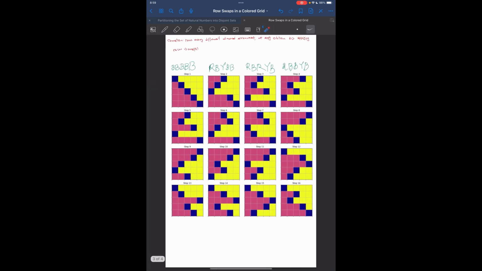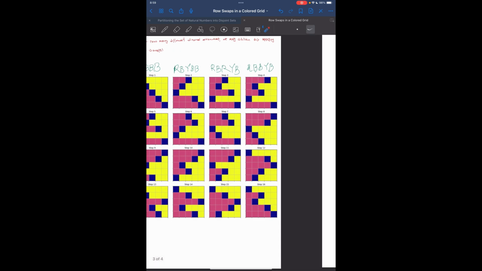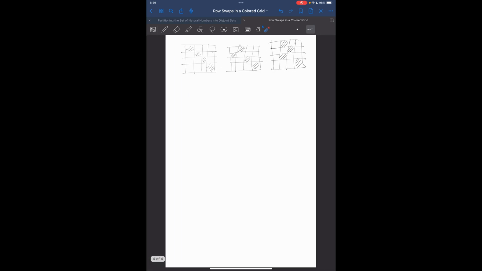Remember that above the diagonal I have yellow, and below the diagonal I have red. So here, for example, I have blue, blue, blue, blue, but here, because this one is below the diagonal, from the second row, this is red, red.